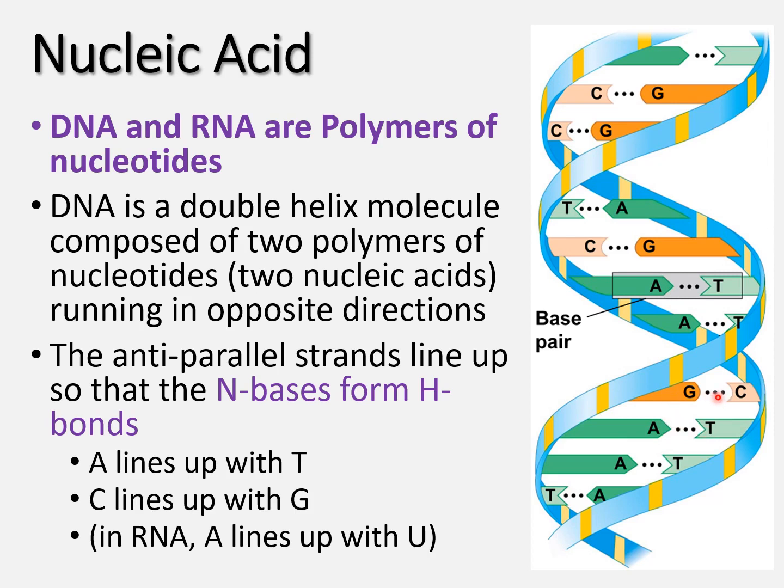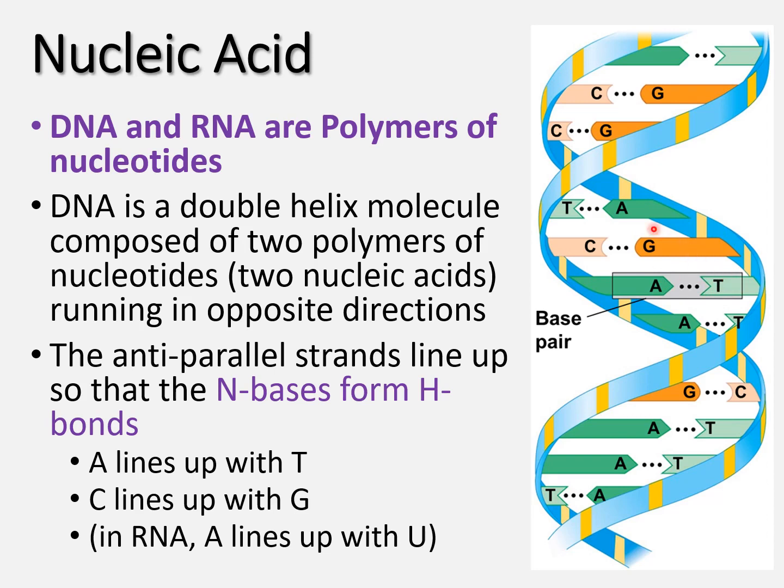And what happens is that those nitrogen bases line up to each other, and so they can form a hydrogen bond to each other. So the nucleotides are going to have hydrogen bonds, and they bind in a very specific way.